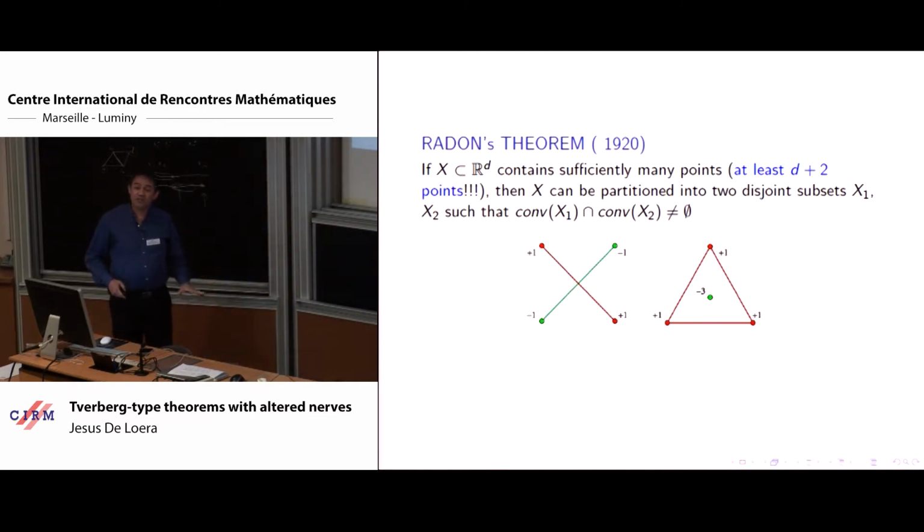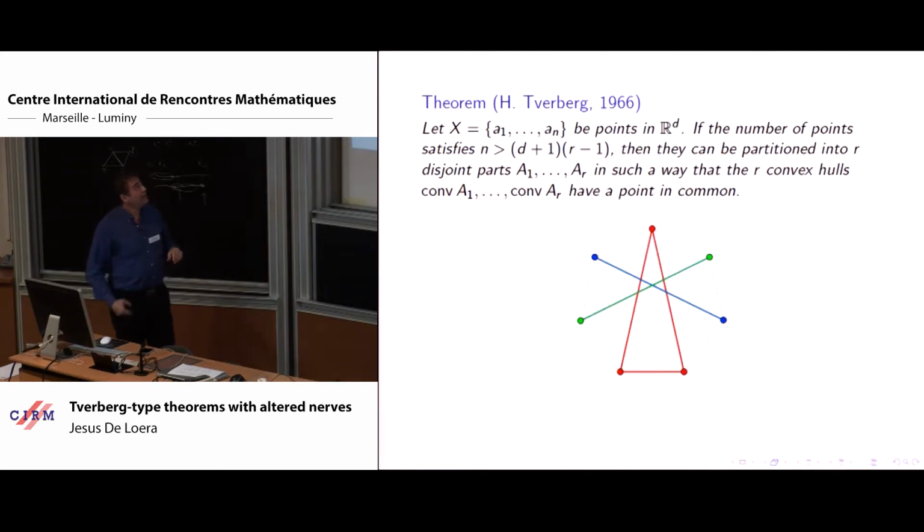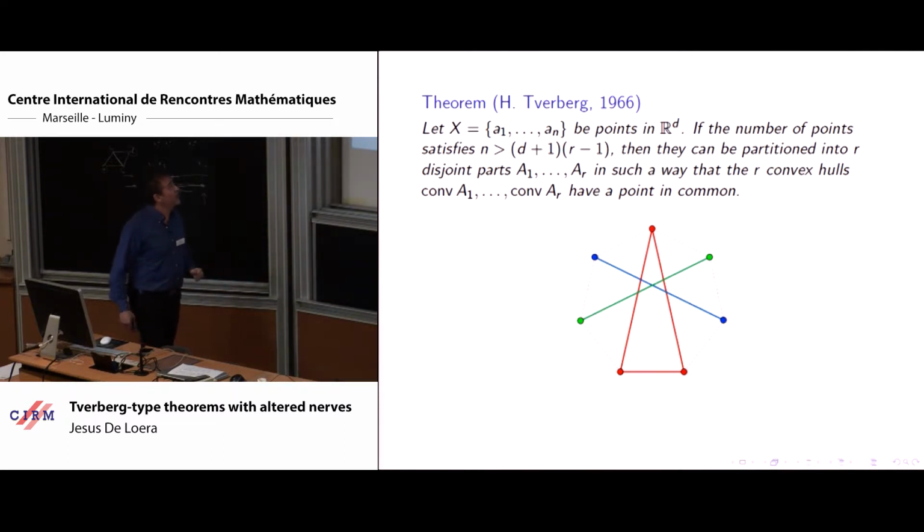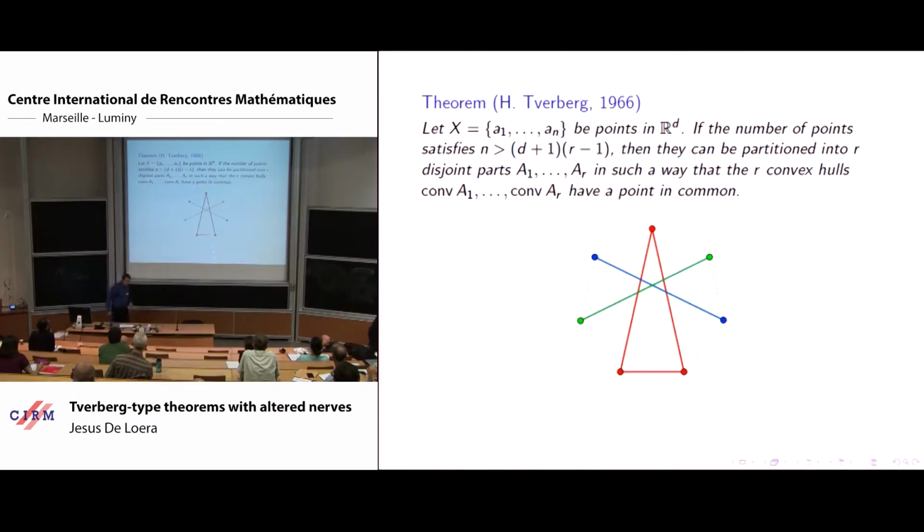So that's Radon's theorem. What Tverberg did in the 1960s, more than 50 years ago now, is this: when you have sufficiently many points, and I'll tell you what sufficient is in a moment, there is a constant that depends on m and d, such that once you surpass that number of points, you can partition the set of points into m colors, and if you consider the convex hulls of these color classes, they must intersect.